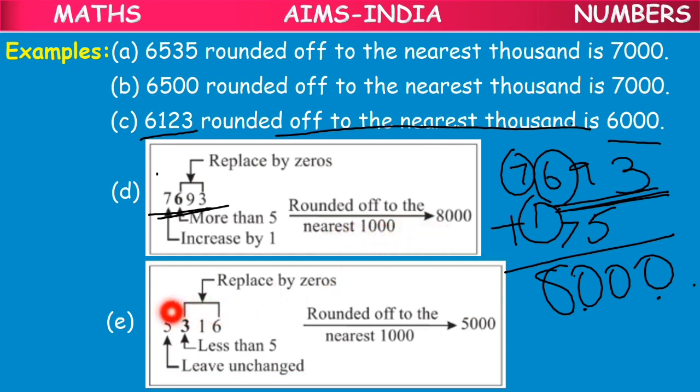And the last example, 5316. Now 3 is in hundreds place. It is less than 5. So the digit in thousands place remains unchanged. 5 will be written as 5 only. Now the digits in ones, tens and hundreds places will be replaced by zeros. So 5316 rounded off to the nearest thousand becomes 5000.